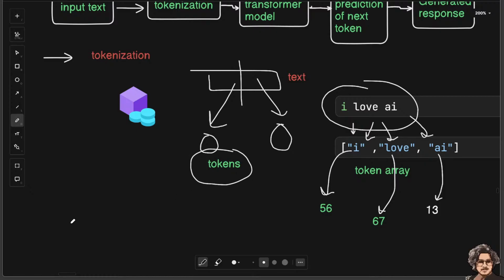Let's move to another important topic, and that is vectorization.